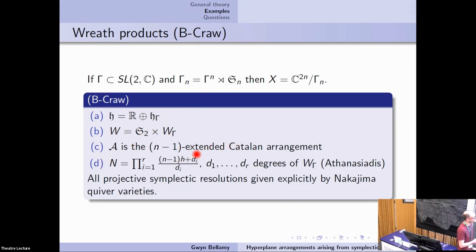But the arrangement becomes more interesting. This is what's called the extended Catalan arrangement. It seems to be a well-studied arrangement in the theory of hyperplane arrangements.